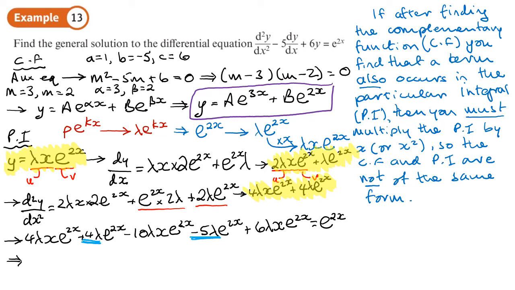So that means that 4 lambda minus 5 lambda has got to equal 1, because that's the coefficient on the other side. So negative lambda equals 1, lambda equals negative 1. So we've got to highlight that, because we'll need that in a minute. Well, actually we'll need it now, because now we can put that into here for our particular integral.